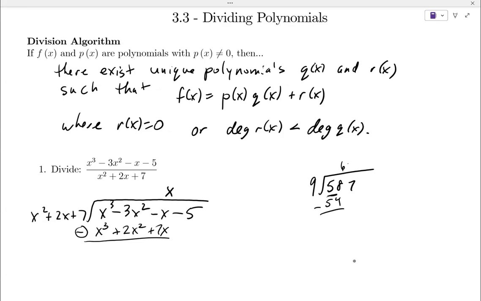Negative 3x squared minus 2x squared gives us negative 5x squared. Negative x minus 7x gives us minus 8x. We subtract, just like we did before. Over here, when we subtracted, what did you do with the 7? You drop it down, right? Guess what we're going to do with this minus 5? Drop it down.